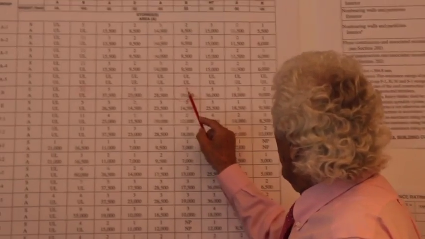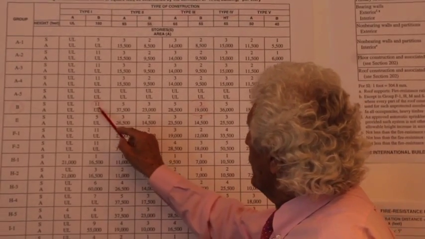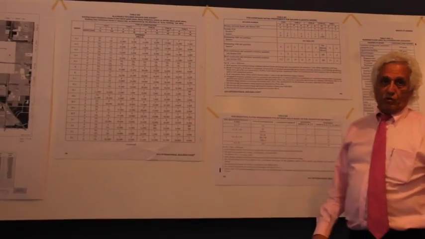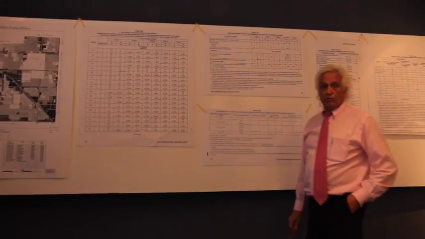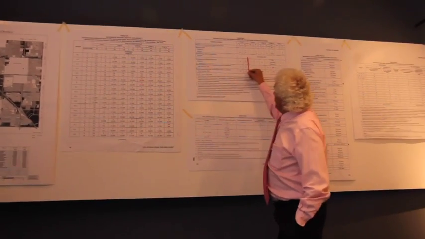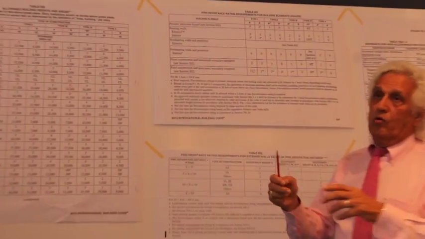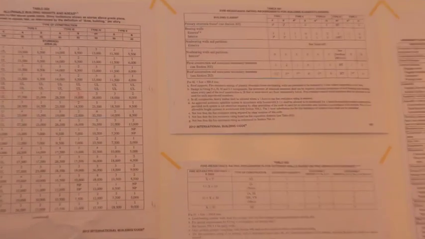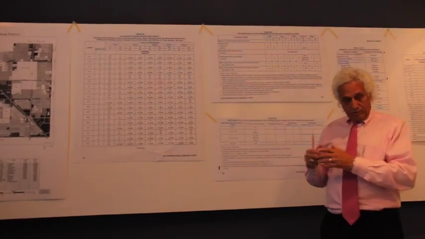And my floor area per floor is unlimited. So I can make the building 400,000 square feet of floor, up to 11 stories in height. So using the code to protect the building and its occupants allows you to have a much bigger building.